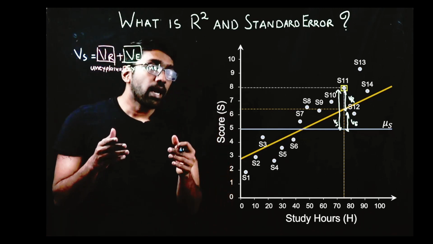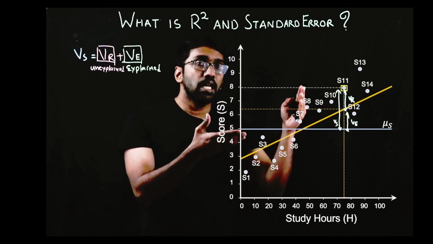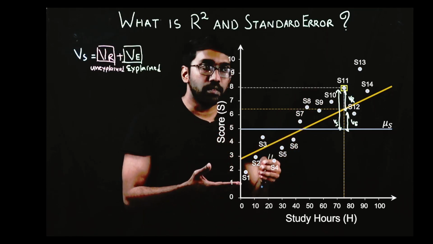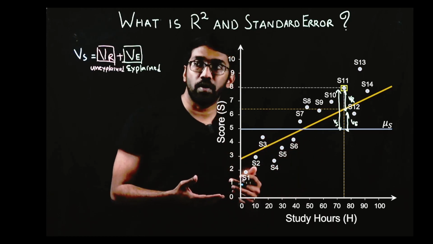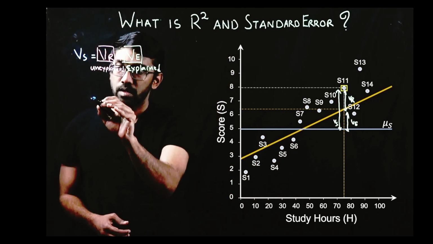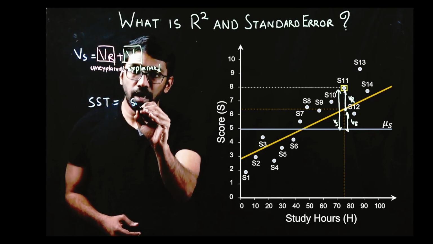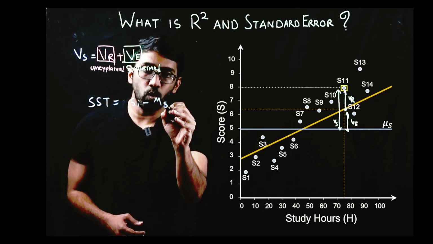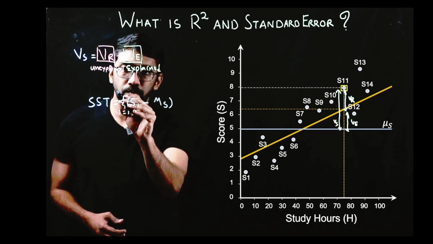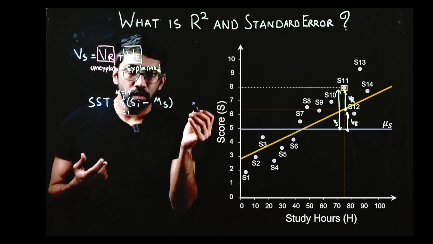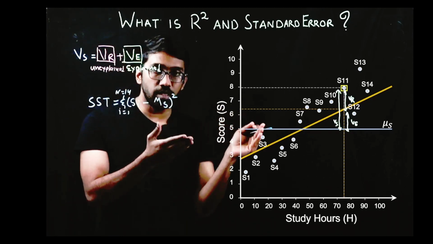And now let us try to calculate this for all the points. But you must understand that variation can be positive or negative for some of the points. So let us square it and calculate the whole total variation. Let us say the total variation SST equals the sum of (Si minus mu of S) squared for all the students. And this is the total variation that is calculated.